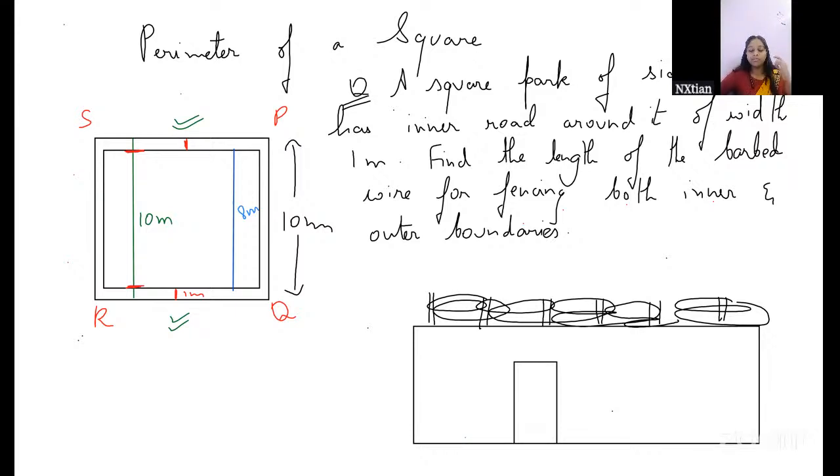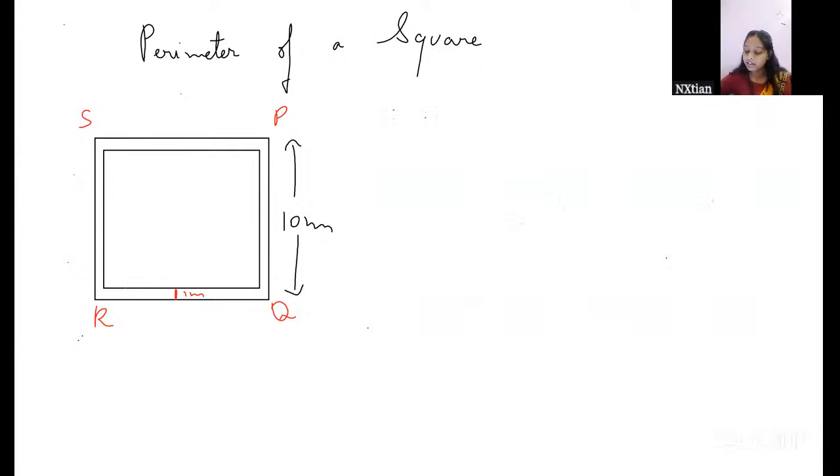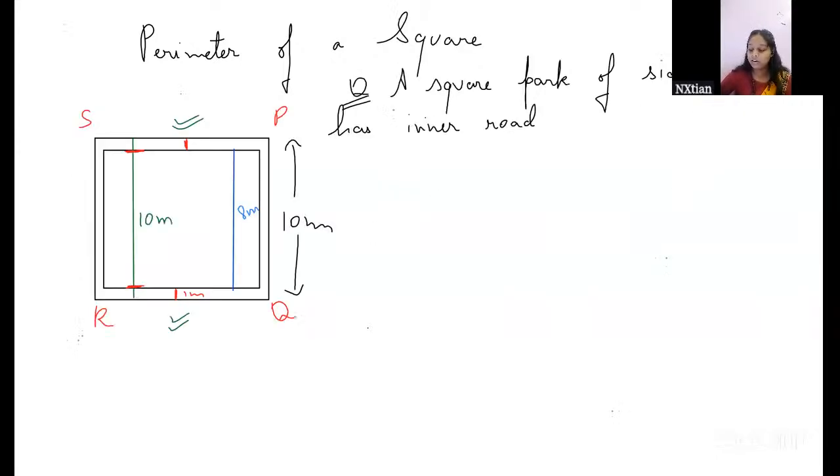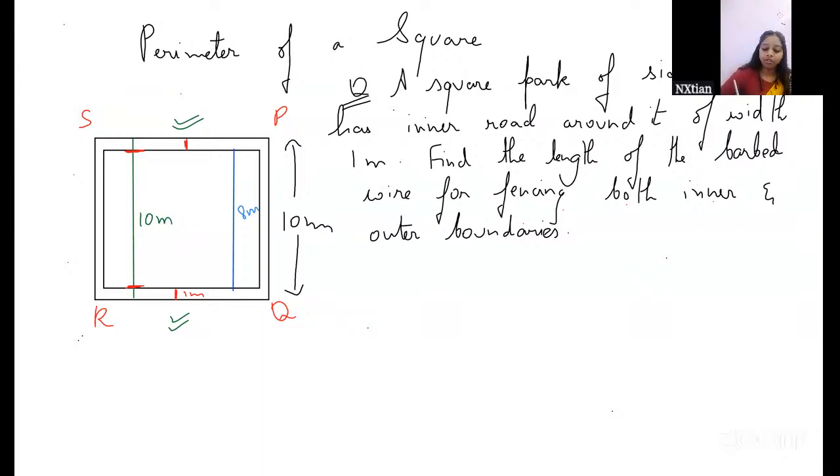So 1 meter we'll deduct from the top and 1 meter from the bottom. So the side of the inner square will come to 8 meter. Now we have the side of the outer square 10 meter and the side of the inner square 8 meter. We can calculate the perimeter. Find out the perimeter of both of them.